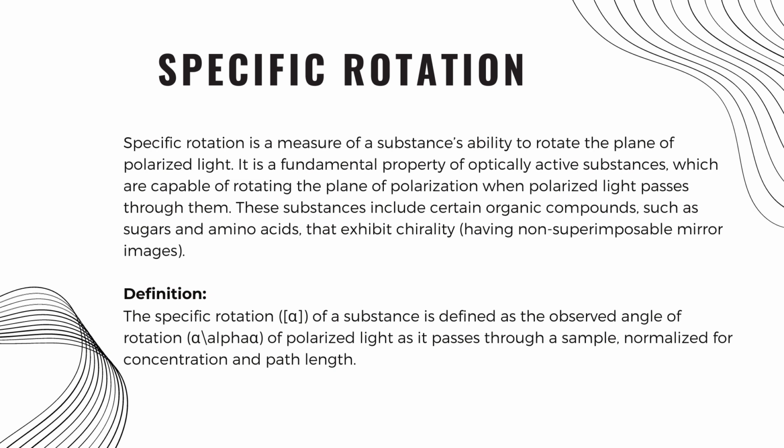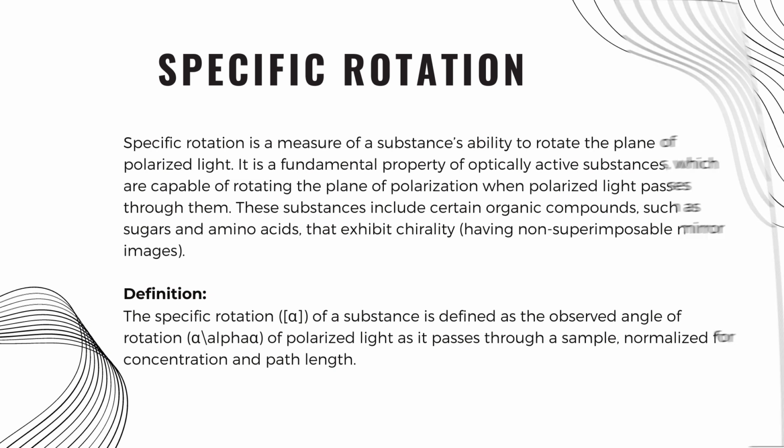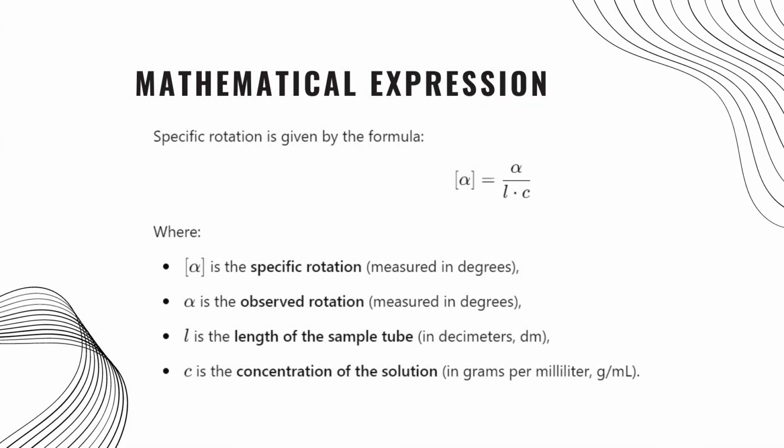Definition. The specific rotation of a substance is defined as the observed angle of rotation of polarized light as it passes through a sample, normalized for concentration and path length. Mathematical expression. Specific rotation is given by this formula.